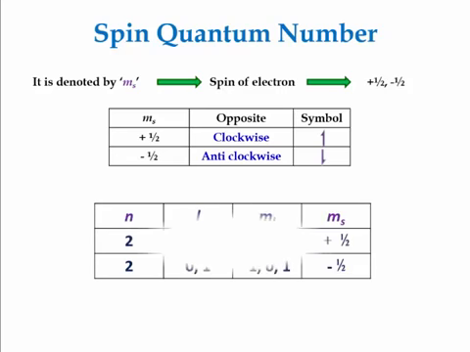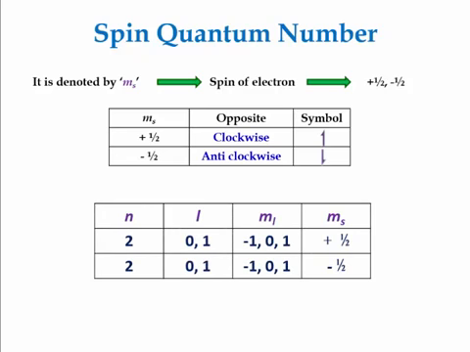Now as per the Pauli's exclusion principle, we can again understand that if there are two electrons which have same principal quantum number 2, which also have same quantum number L as 0 and 1, which also have the same value of ml, that is -1, 0, +1, but still they will have different spin quantum numbers. One will have +1/2, that means one will be revolving around the nucleus in clockwise direction, and one will be moving in anti-clockwise direction, which is shown by -1/2.